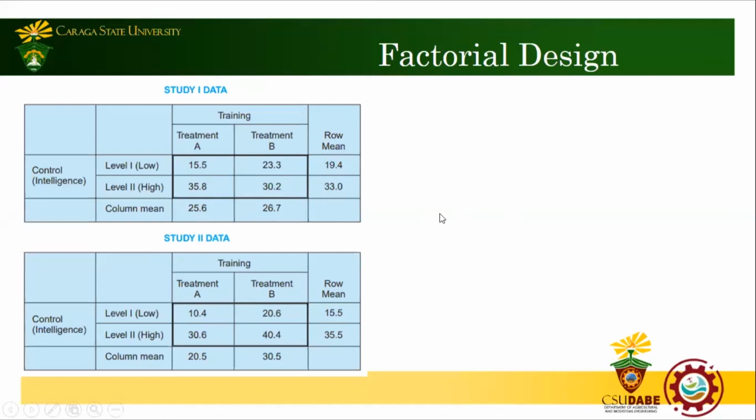So unsaon nimo pagkuha? Gitudluan mo sa sum of squares, margin, sa ano ba? Unsa ang pag-compute? Sum of squares, total sum of squares. Itudluan mo ana according to the row mean and the column mean.